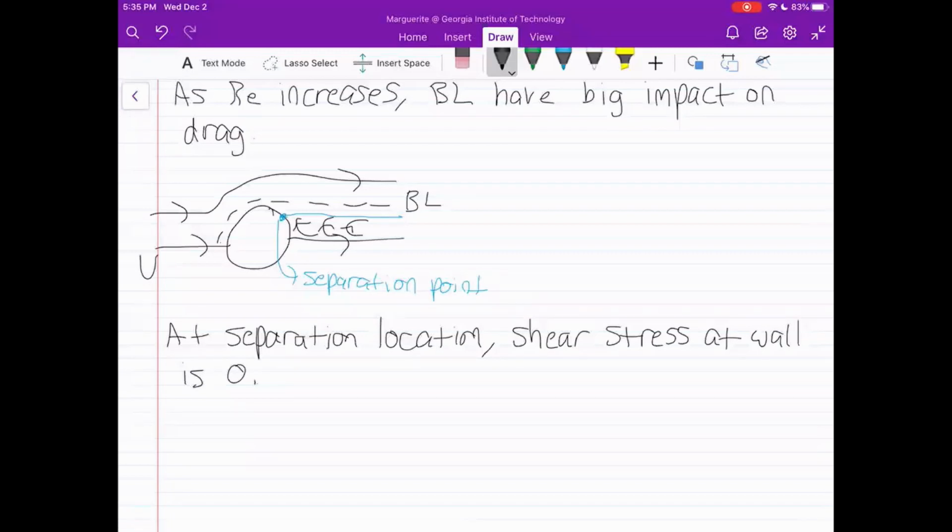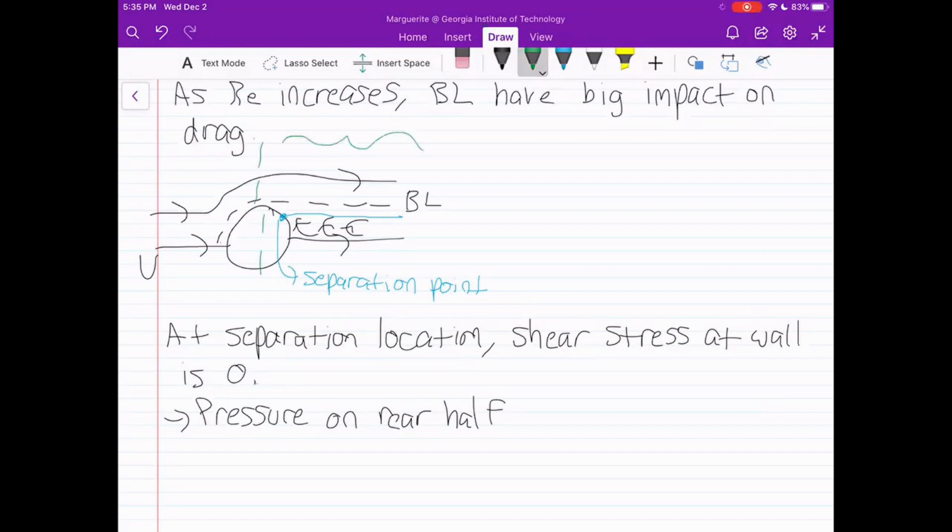And what happens at that separation location is that the pressure on the rear half, right, if we drew a dotted line, the rear half is this half back here, is significantly less than the front half.